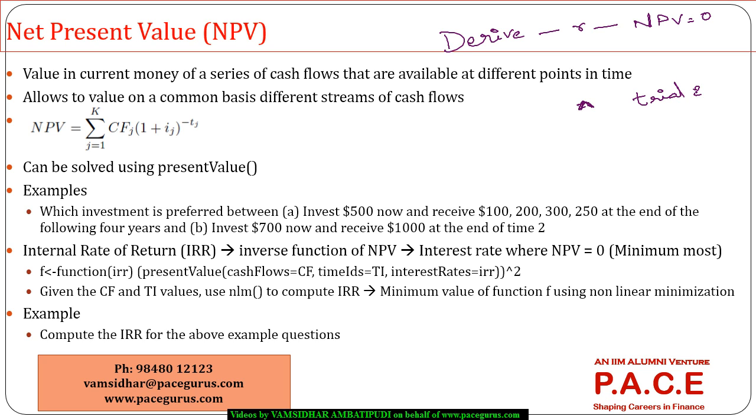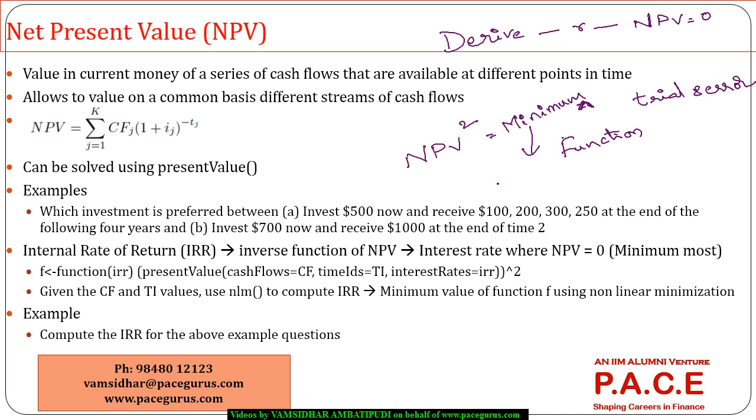What we generally do is we create a minimization function wherein we are taking the NPV value. We take the NPV squared. So NPV equal to 0 means NPV squared, instead of taking it as 0, we'll say let it be as minimum as possible. So do an iterative process.